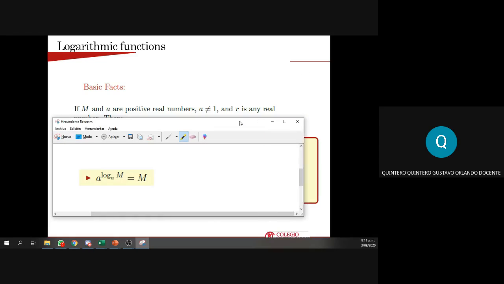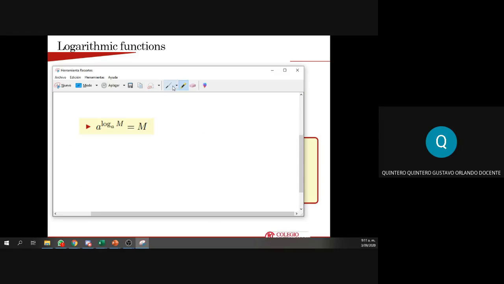Whenever we have a base and a power, this is an exponential expression, but in the exponent, we have a logarithm. What is the result?